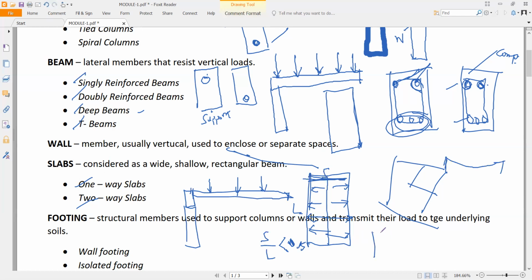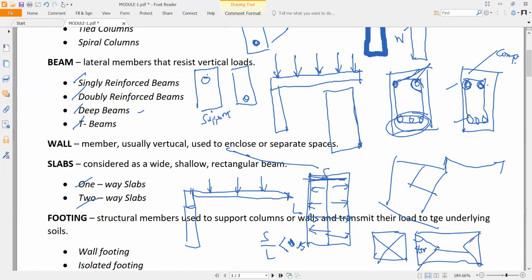So, pagka two-way naman, ito yung minsan nakikita nyo, pagka nakadrawing siya, nakaganyan sa plano. Or sometimes, naggagawa ng 45 degrees ha, triangle. Yan, yung ganyan. Yan yung two-way.